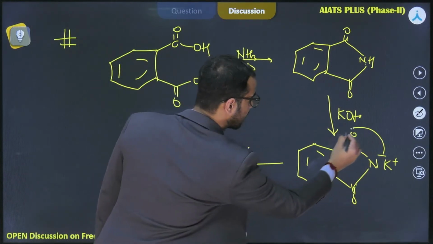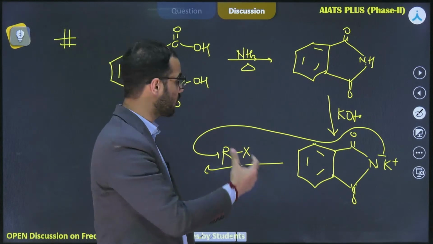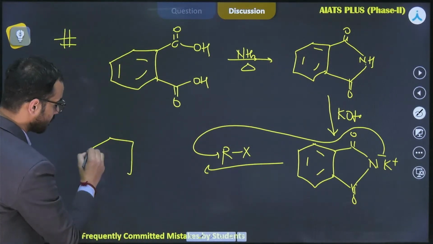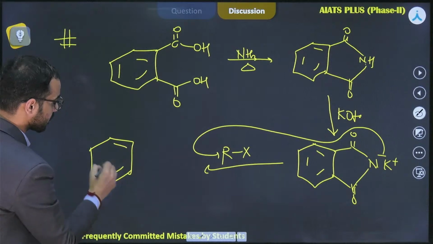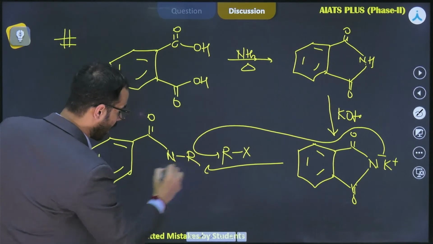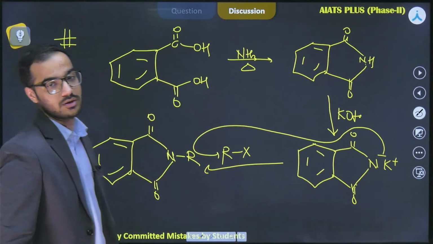This negative charge will attack the anti-bonding orbital of the R-X bond, and you will get N-R between the two C double bond O groups, formed over here.